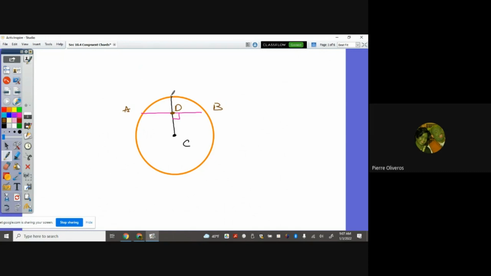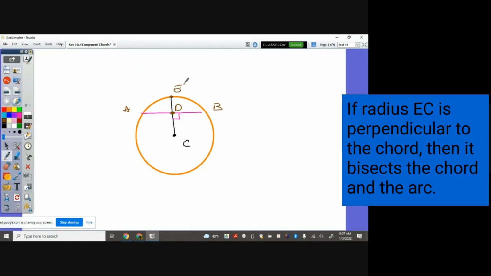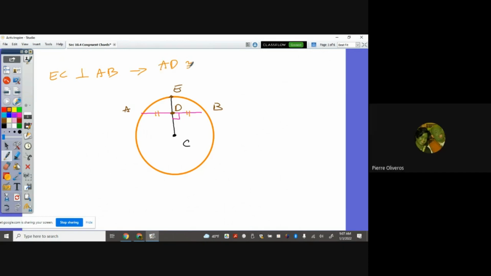If the radius CE is perpendicular to the chord AB, we can say that this and that one will be congruent. So basically, the radius bisects the chord AB. So if EC is perpendicular to AB, we can say that AD is congruent to BD. Okay?